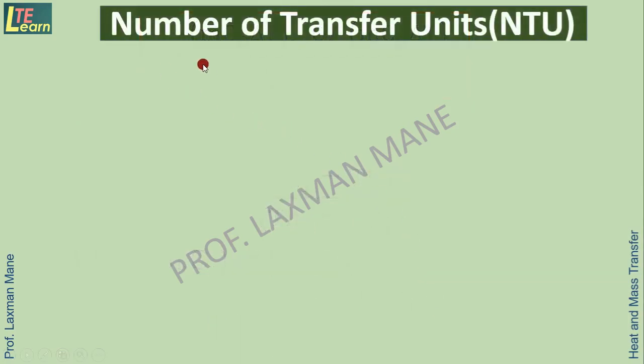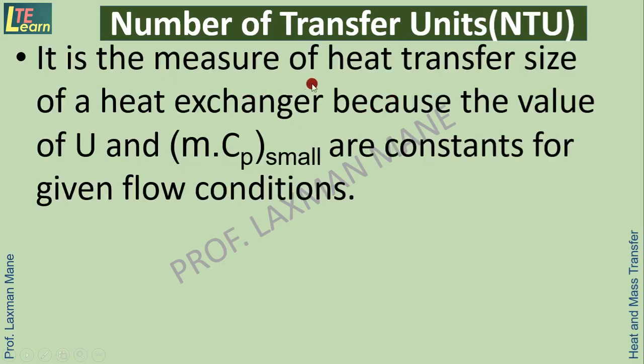The third parameter is the number of transfer units, meaning NTU. It is the measure of the heat transfer size of a heat exchanger, because the value of U, the overall heat transfer coefficient, and heat capacity m Cp are constants for given flow conditions.